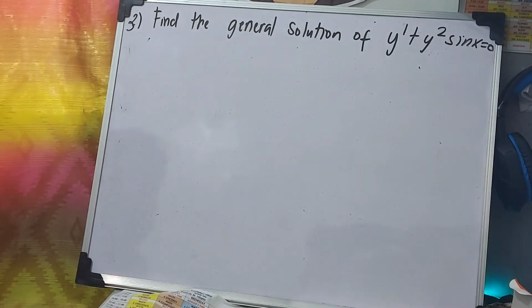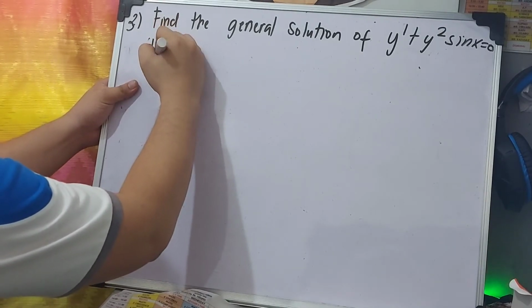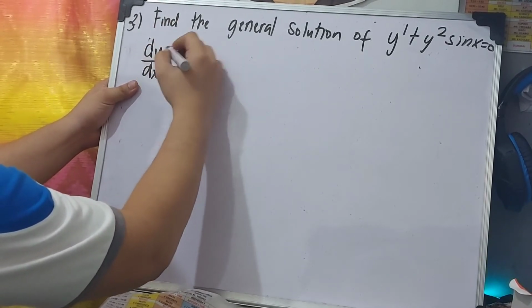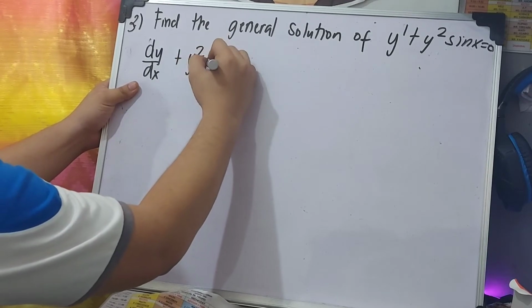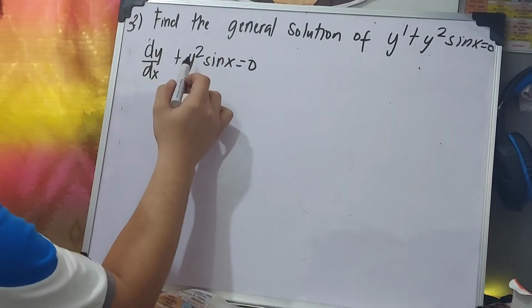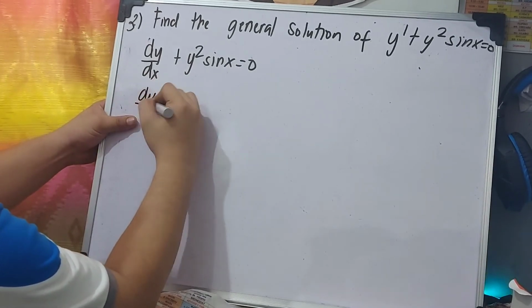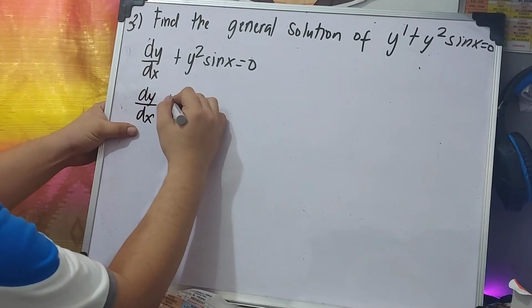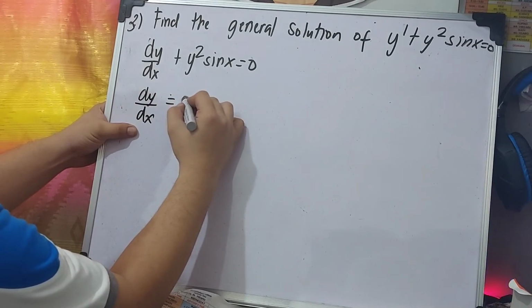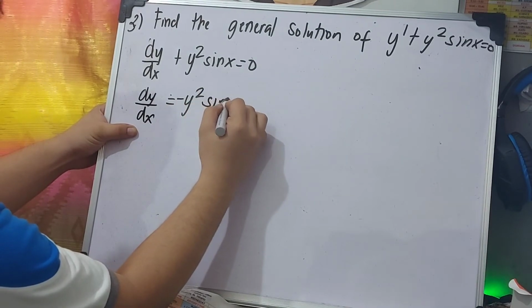Example number 3. Find the general solution of y prime plus y squared sin x equals 0. First is convert y prime to dy over dx plus y squared sin x equals 0. Transposing y squared sin x to the right, we have dy over dx equal to negative y squared sin x.